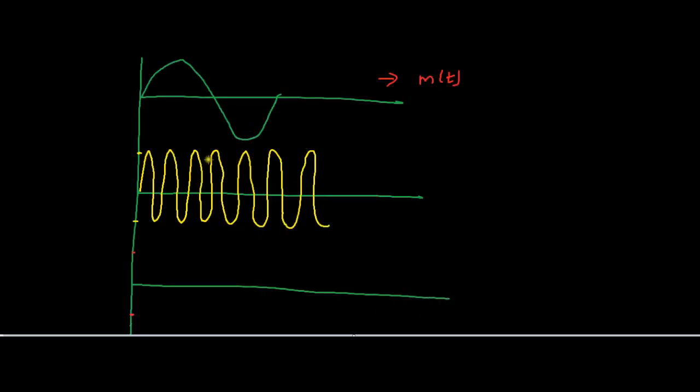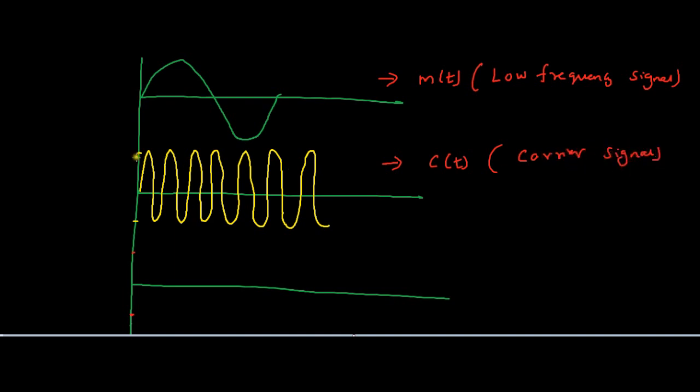As you can see here, this is our message signal m of t. It is of low frequency. This is a low frequency signal. And this is our carrier c of t, carrier signal. It has amplitude say AC.